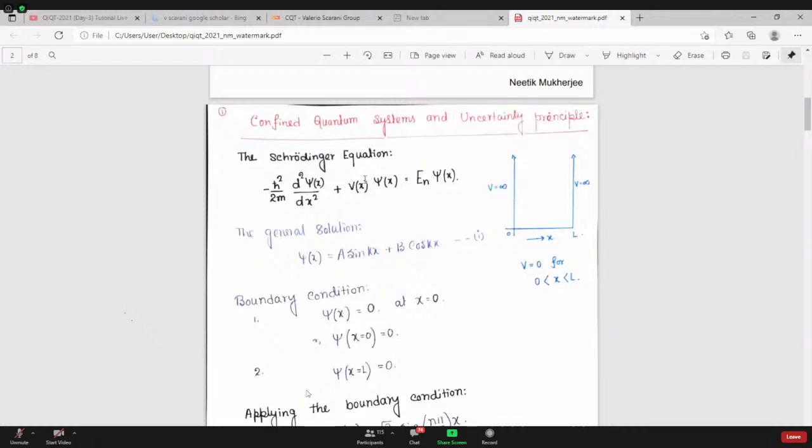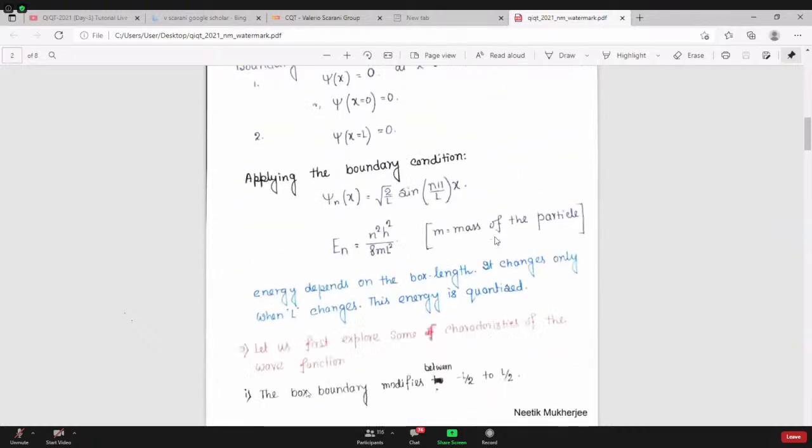The procedure is the same, but this is the simplest model of quantum confinement. Secondly, this model matches the high pressure confinement of an atom or molecule. So that's why I'm saying.